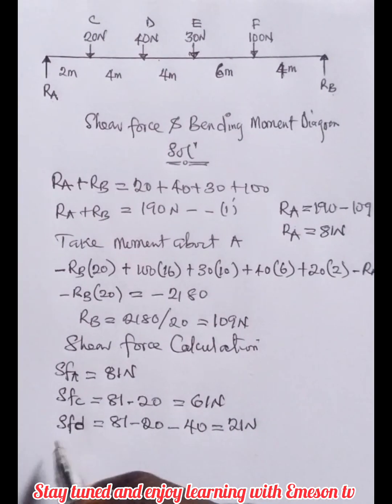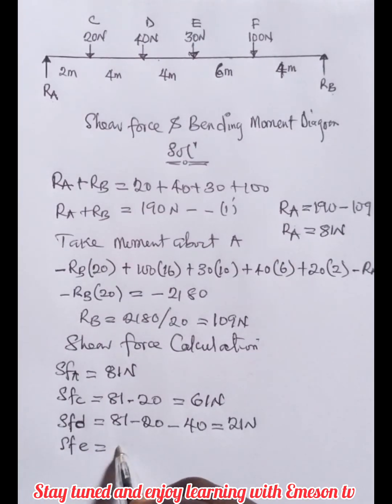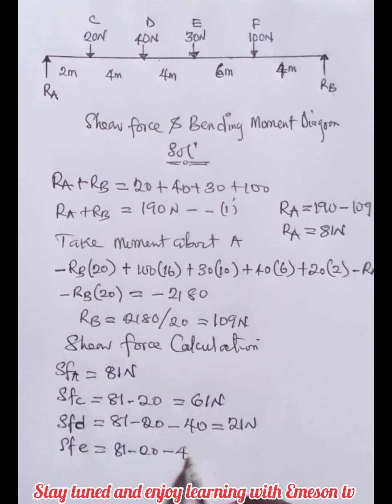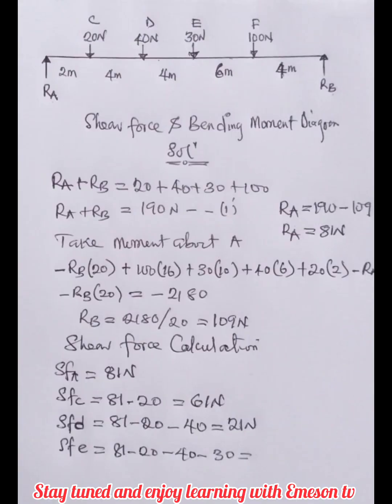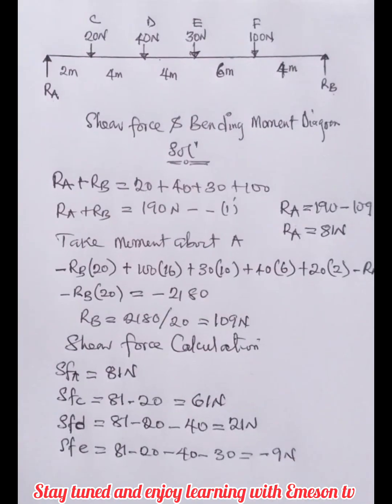The shear force at point E will be 81 minus 20 minus 40 minus 30. This will give us minus 9 Newton.